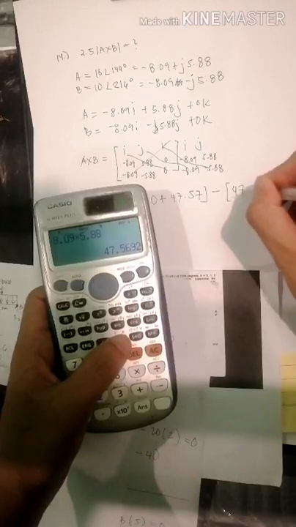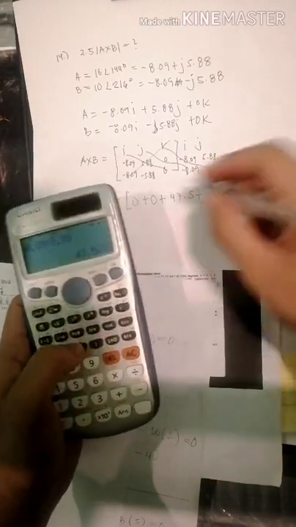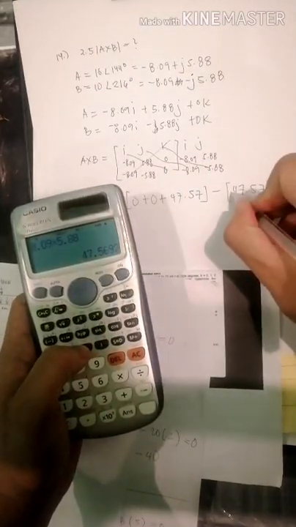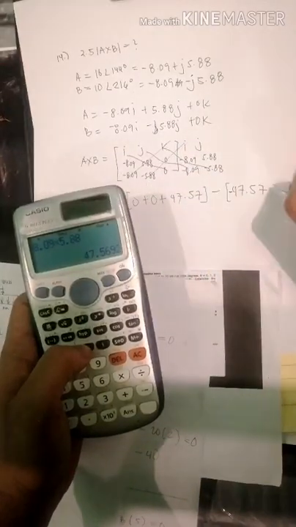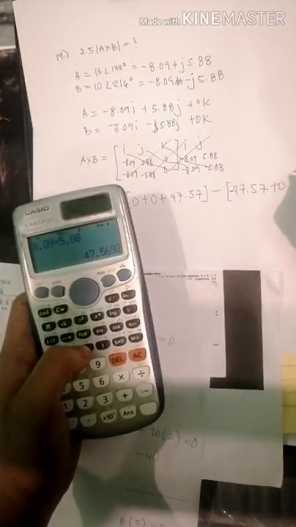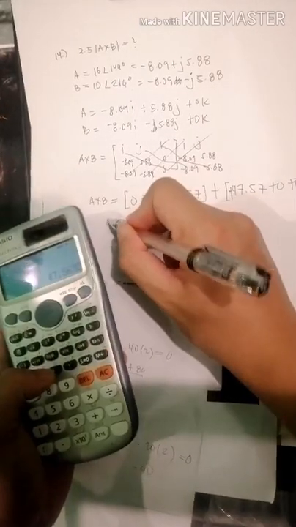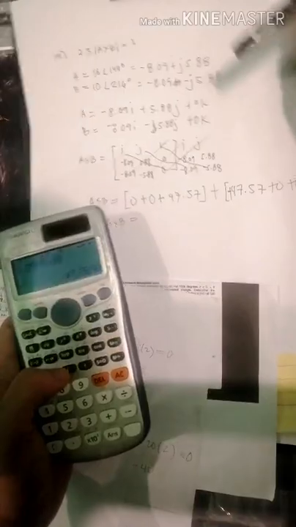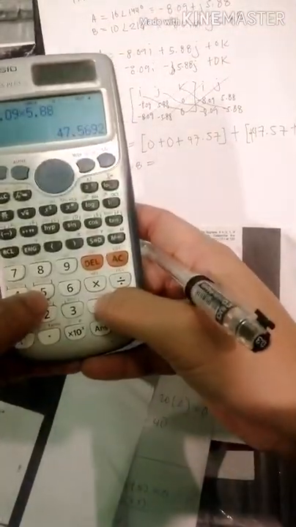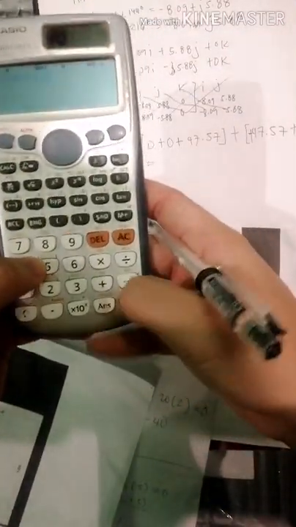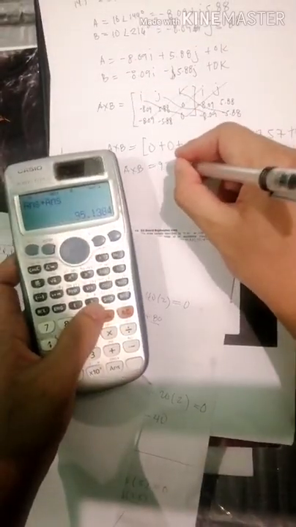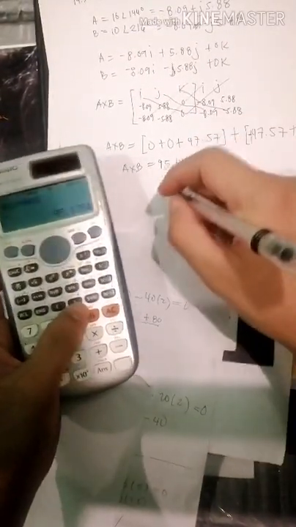So it is the same, 47.57. So it becomes positive: A cross B is 95.14.